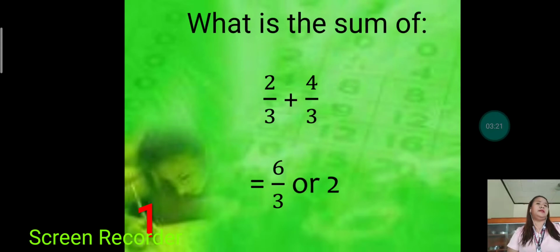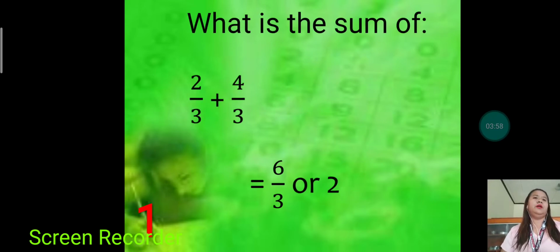As you can see in our example, 2/3 plus 4/3 is equal to 6/3 or 2. In this part, we simply add the numerators since they have the common denominators. The numerators of the given expression are 2 and 4. Therefore, 2 plus 4 is equal to 6, divided by 3 is equal to 2.